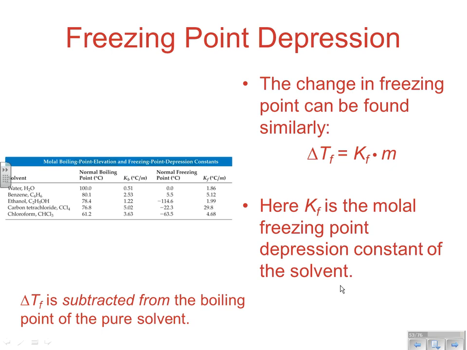So if you want to calculate the new freezing point, what you're going to be doing is subtracting the delta T that you calculate from the freezing point of the pure solvent. So with boiling, you'd add it to the old boiling point. With freezing, you would subtract it from the old freezing point.